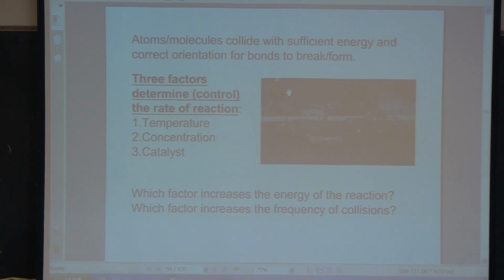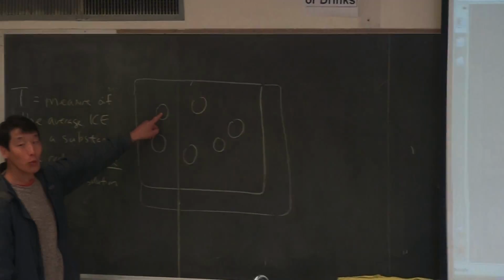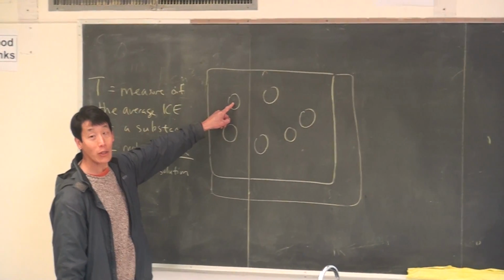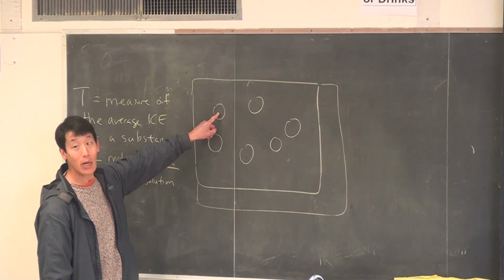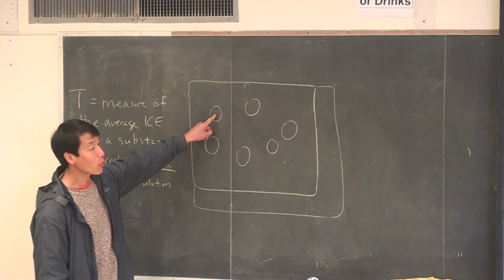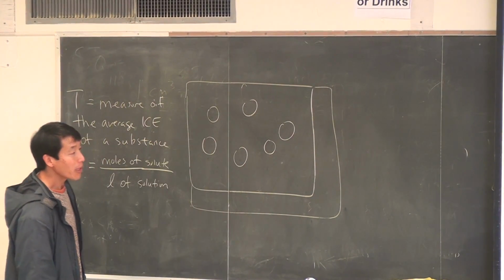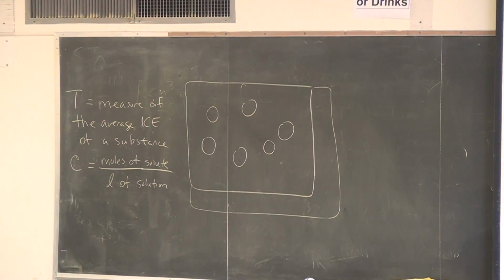Who says concentration increases the energy of reaction? Okay, so if we increase the temperature, are these reactant molecules moving faster or slower? Faster. So does that mean that the energy is going up or down? Yeah, so for question 1, an increase in temperature increases the energy of the reaction.